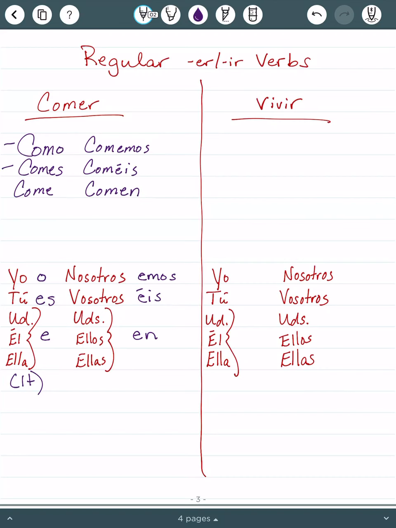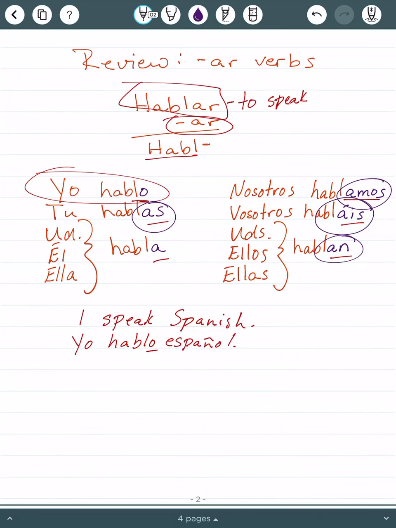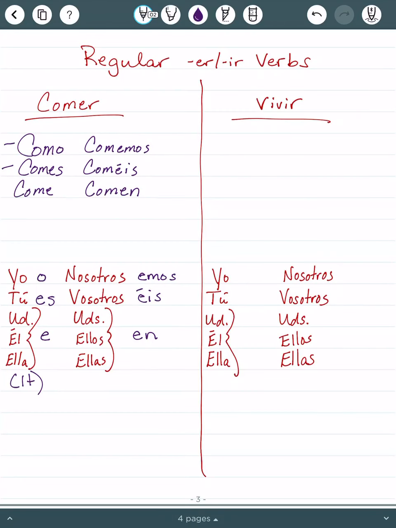Now for IR verbs, if we change them to A's for AR verbs and E's for ER verbs, you would think you would change them all to I's. That's not really what you do for IR verbs, so it's not quite what you think it is if you're thinking ahead. The yo is still an O. So vivir is to live.